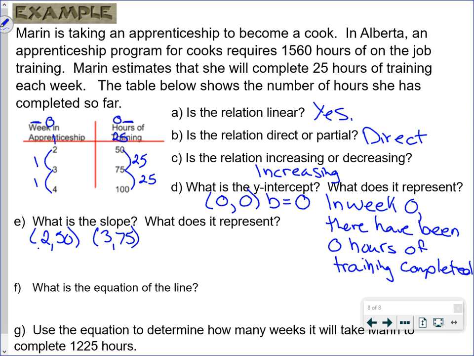I'm going to label this x1, y1, and x2, y2. So using the slope formula, we start with our y2 of 75. We subtract our y1 of 50. In the denominator, we start with our x2 of 3, subtract the x1, which is 2.